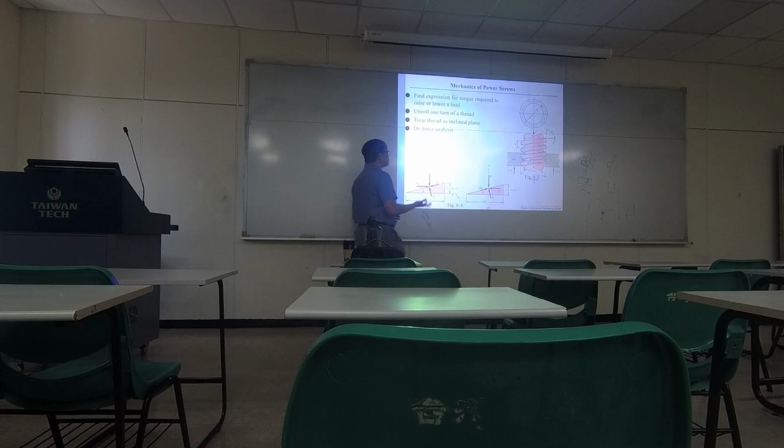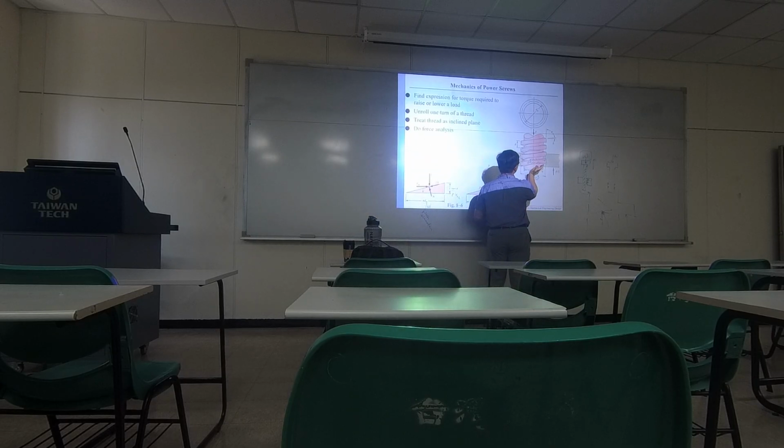If you are lifting the object by pushing up, this is your thread and this is part of the nut. If you are lifting the thread up, then relatively you are moving this way. This is your moving direction.